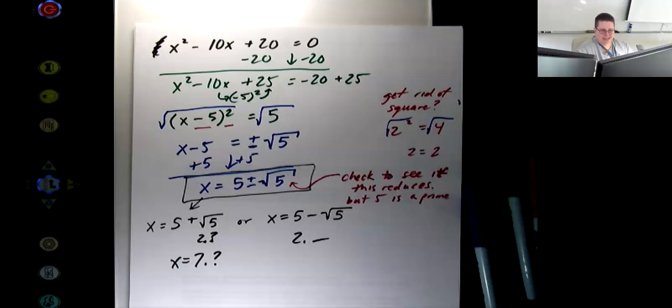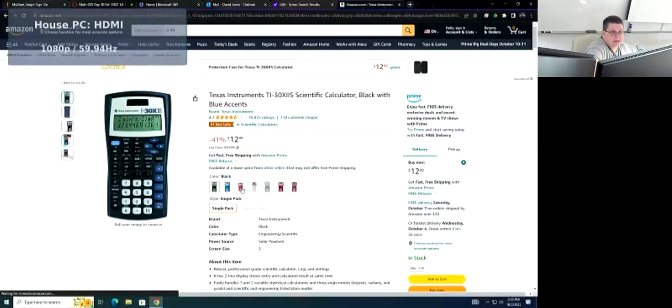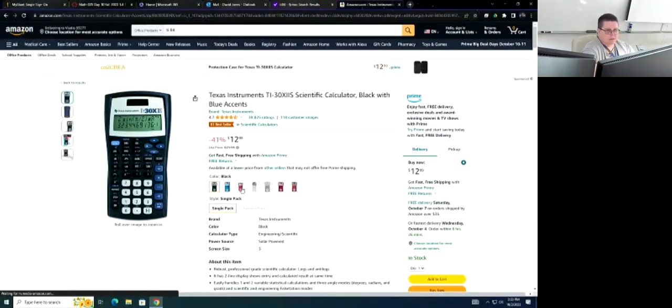Usually you can find one for under 10. The TI-30 here, this one's not too bad. This is the number one bestseller.